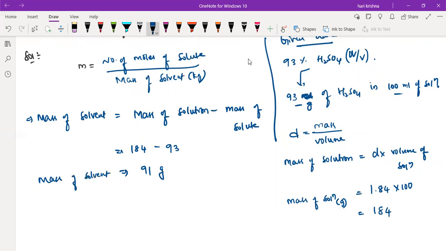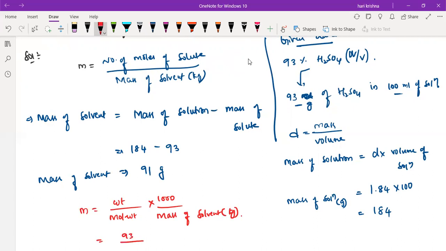Fine. And the number of moles of solute. So now we use the molarity formula here. M is equal to number of moles of solute, that is given weight by molecular weight, into 1000 by mass of solvent in grams. Given weight how much? 93.